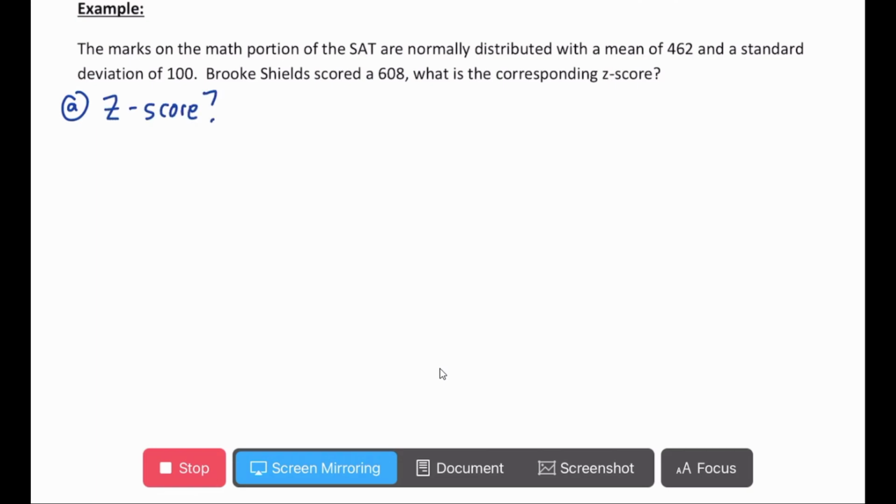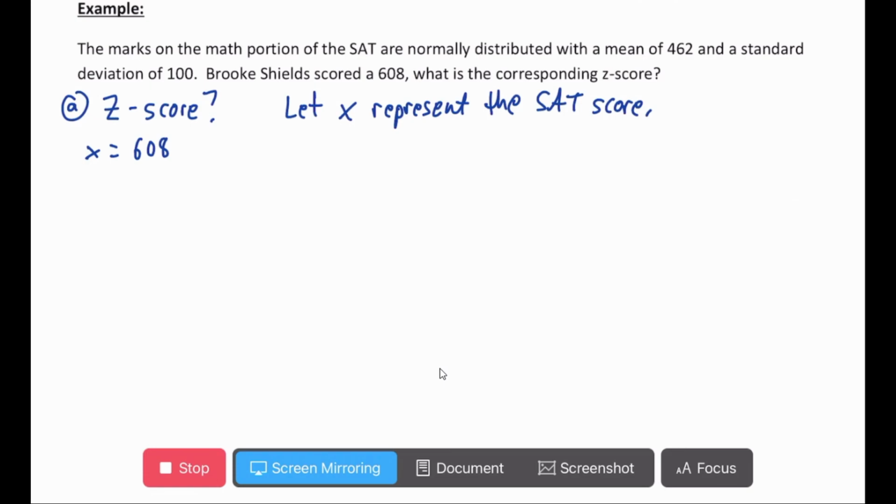Let's see what we know. Let's see what we need to find. Let's find the formula that's going to help us to calculate this, and we'll go from there. So first of all, we're going to let X represent the SAT score. So X is equal to 608.